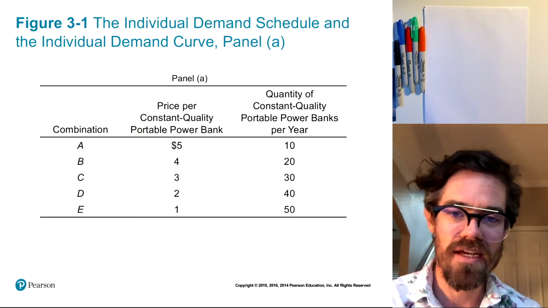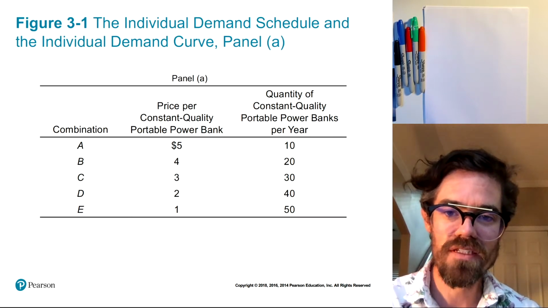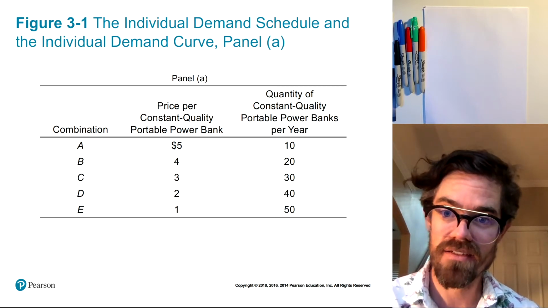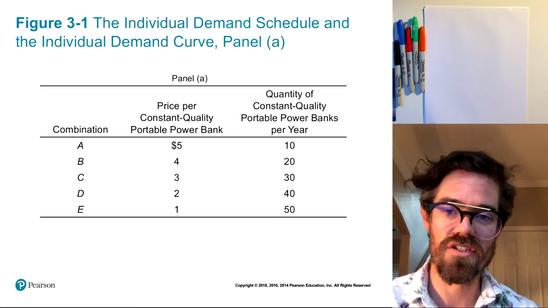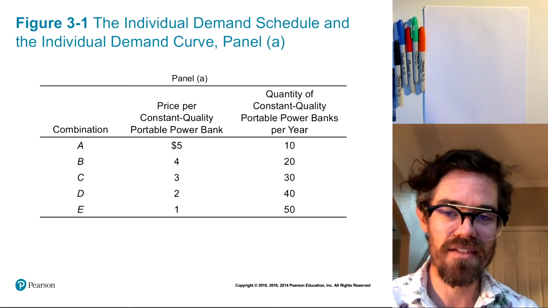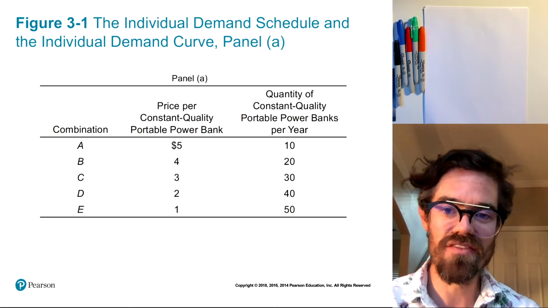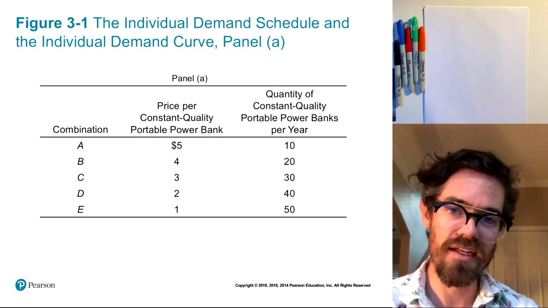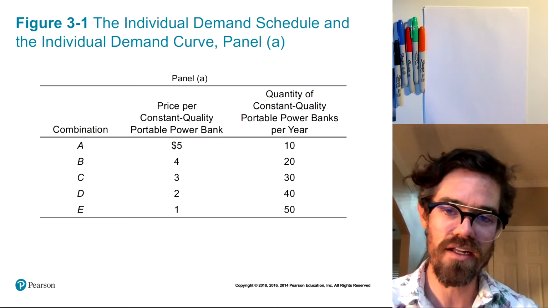Okay. Now, this whole table is a relationship, and that relationship is demand. As we're going to see in the next section, that relationship illustrated in the entire table is different than quantity demanded, which is the individual row and number in the quantity column.